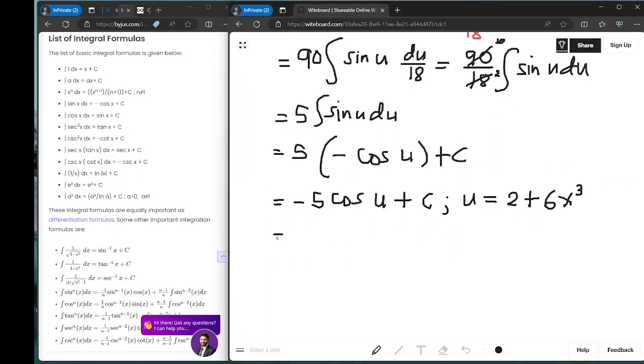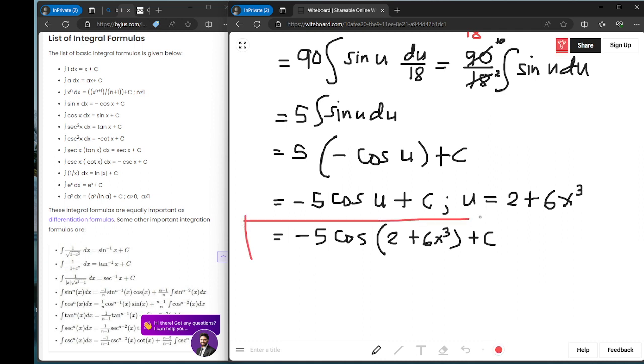Then we will substitute back the value of u, so that would be negative 5 cosine of 2 plus 6x cubed plus c. And this is now our final answer.